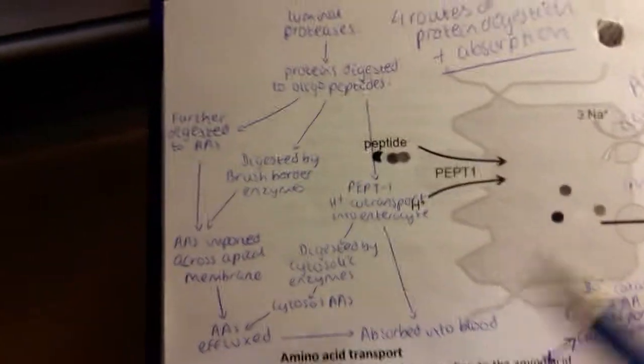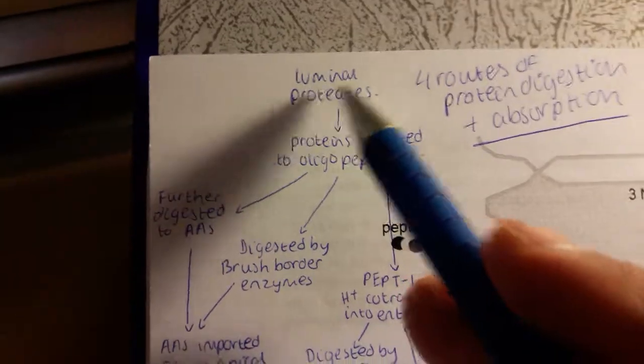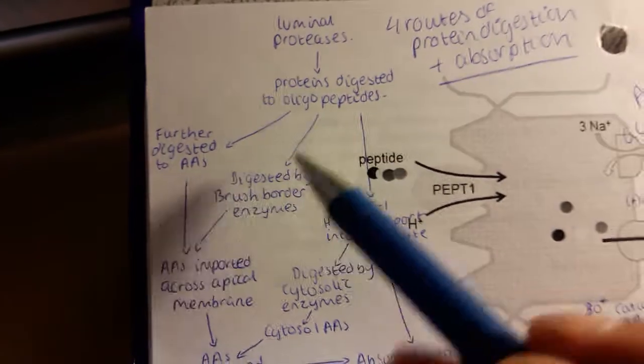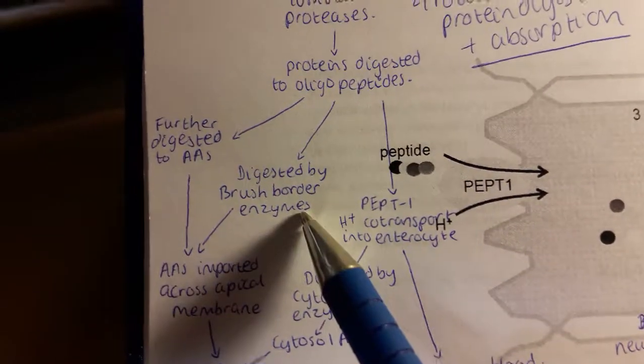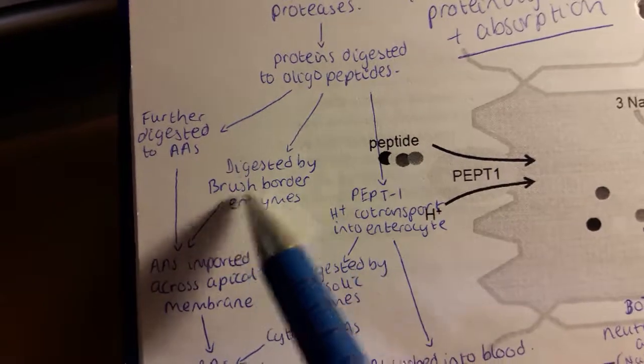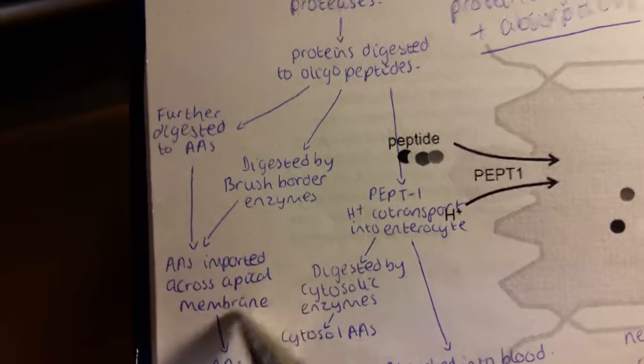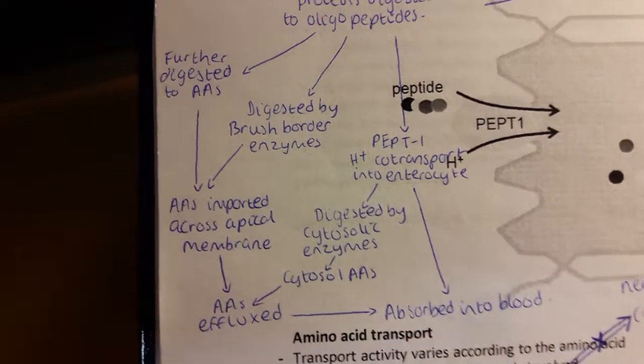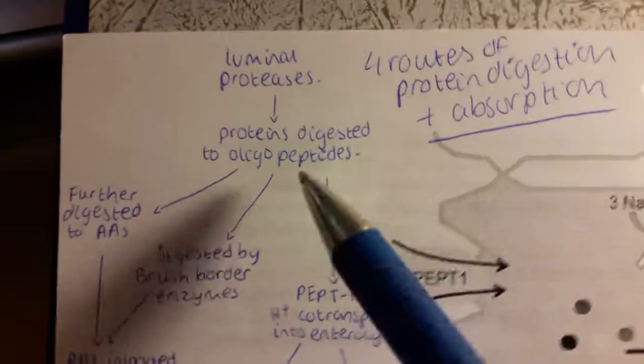So that's the first route. The next route is that the luminal proteases digest the proteins to oligopeptides. The oligopeptides are then further digested by brush border enzymes, and the resultant amino acids are imported across the apical membrane, effluxed across the basolateral membrane and into the blood. So that's the second route.